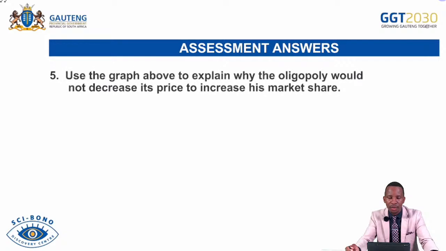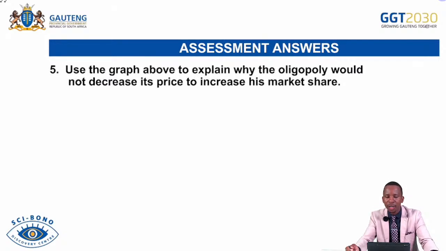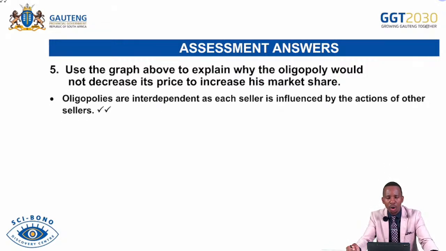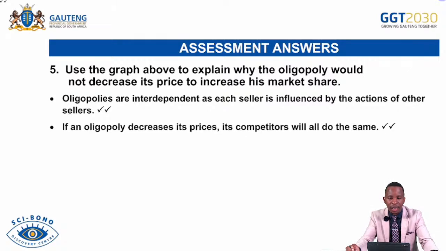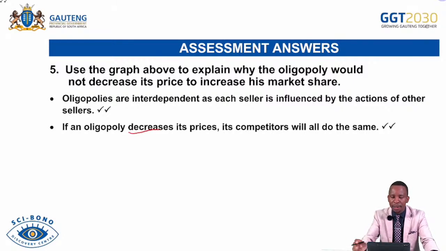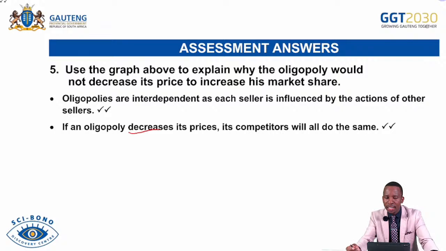And then we continue. Use the graph above to explain why the oligopoly would not decrease its prices to increase its market share. Oligopolies are interdependent, as each seller is influenced by other sellers' actions. If an oligopoly decreases its prices, its competitors will also do the same, which will lead to a price war.